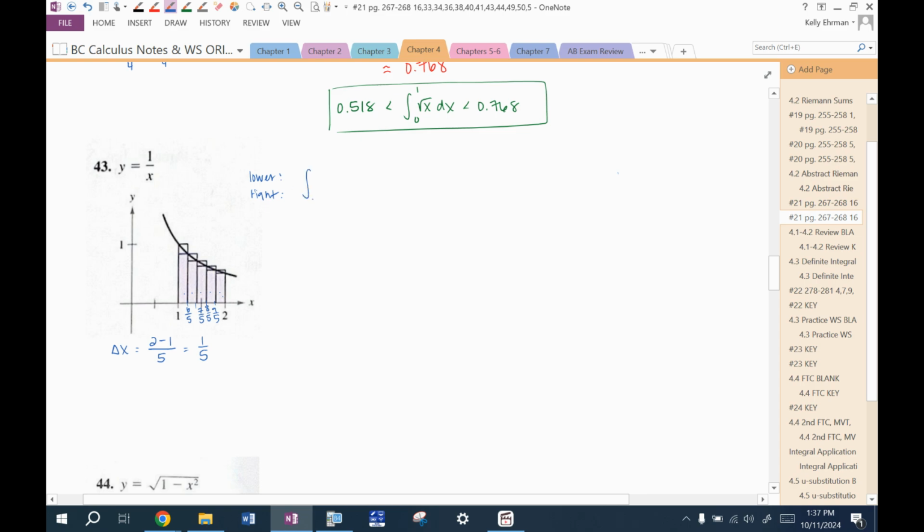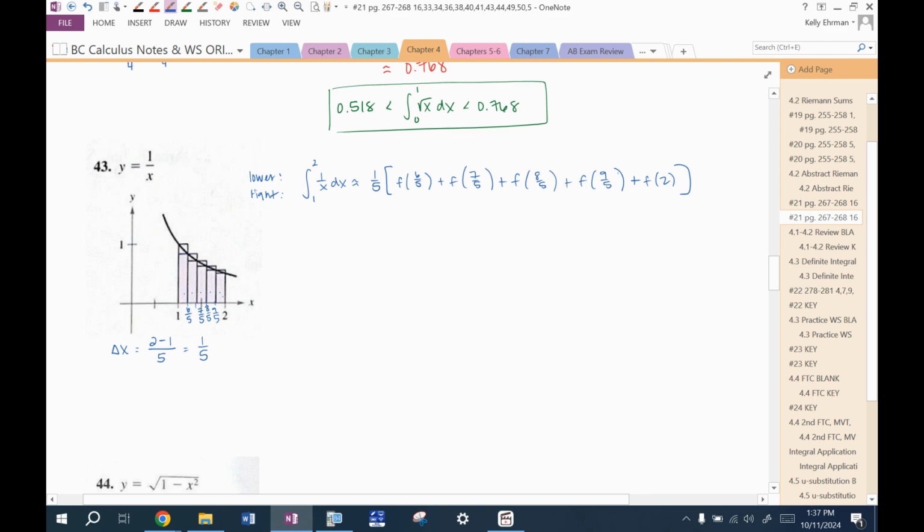So the integral from 1 to 2 of 1 over x dx can be approximated by a width of 1/5. And then we're starting on the right, so that's going to be f of 6/5 plus f of 7/5 plus f of 8/5 plus f of 9/5 plus f of 2.